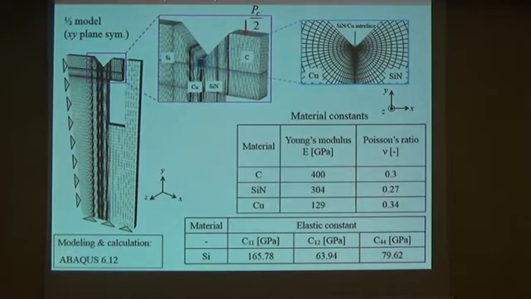And this is the elastic model of the FEM. We used these elastic constants and made a 3D model by Abaqus, and applied half of the critical load, because in this model we used an XY symmetry condition.